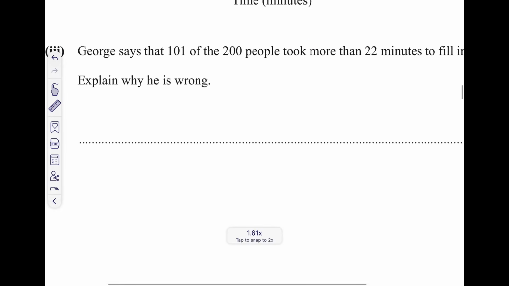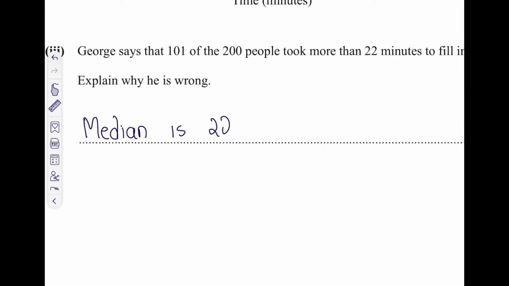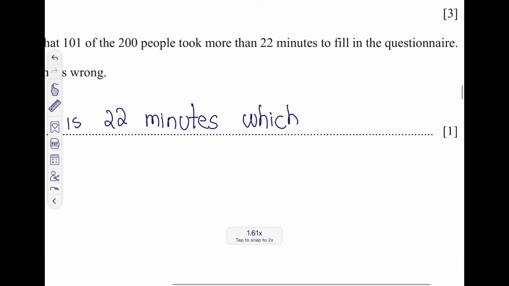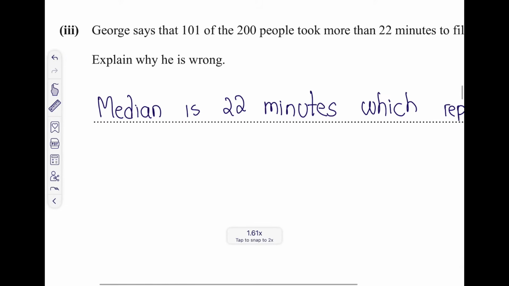We would basically say that the median currently is 22 minutes, which represents 50% of the people.